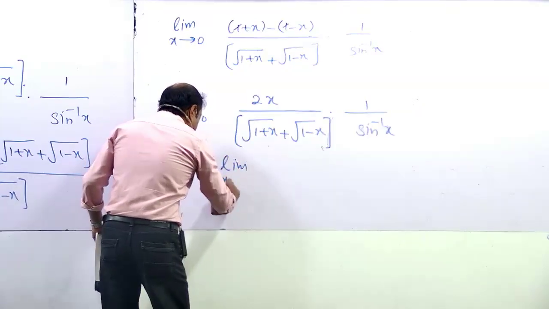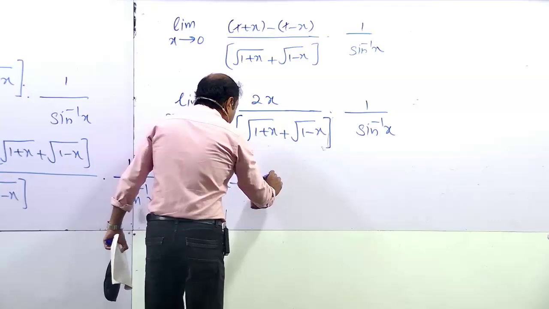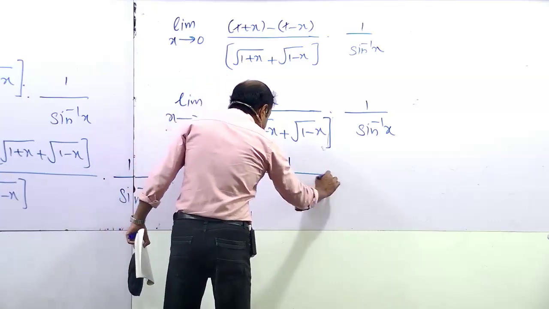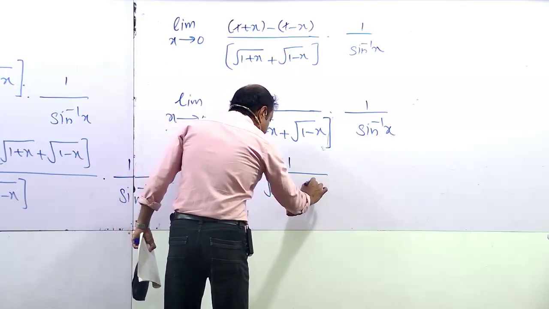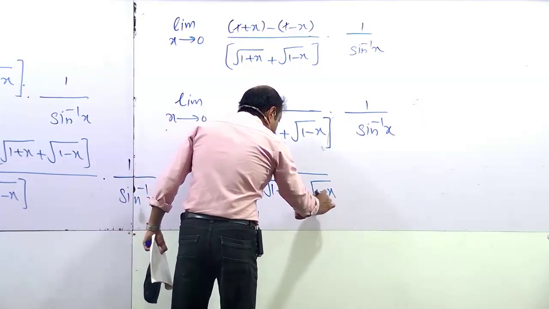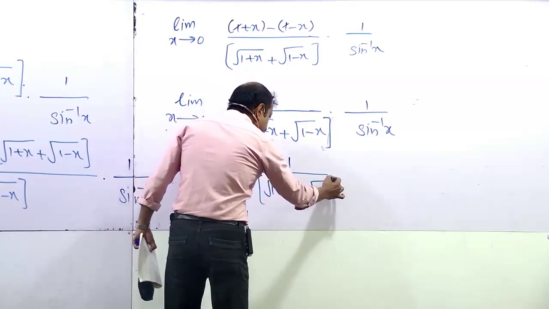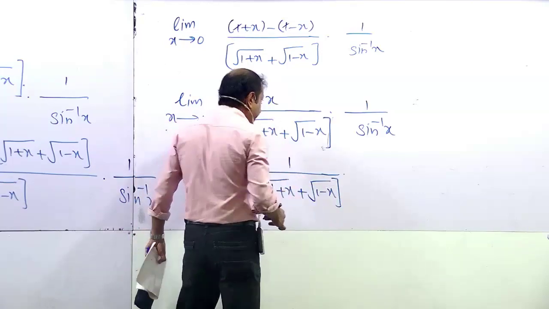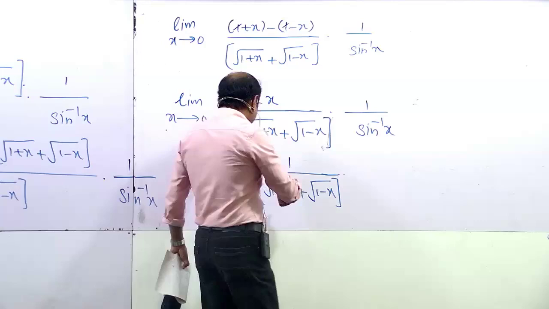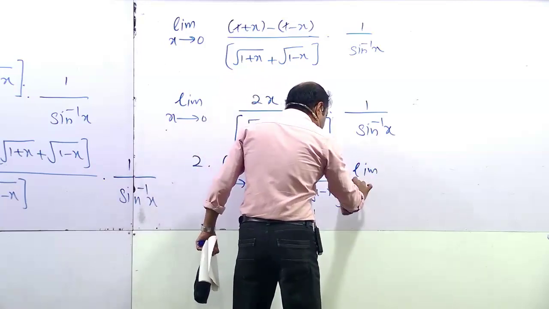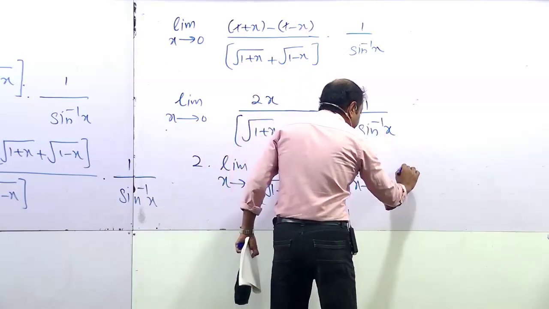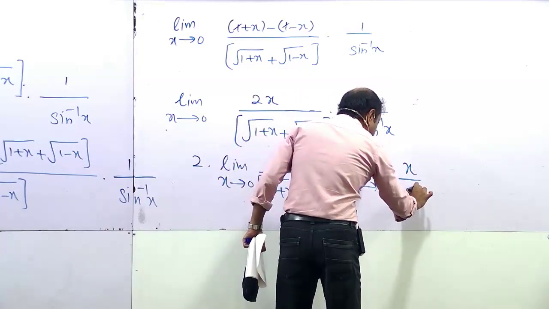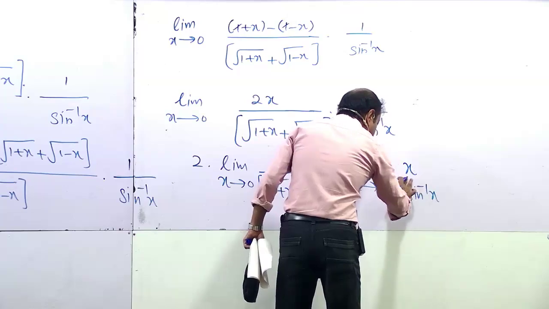Limit x going 0, 1 upon root of 1 plus x plus root of 1 minus x. And that limit x going 0, I apply, taking this x here, x over sine inverse x like this.